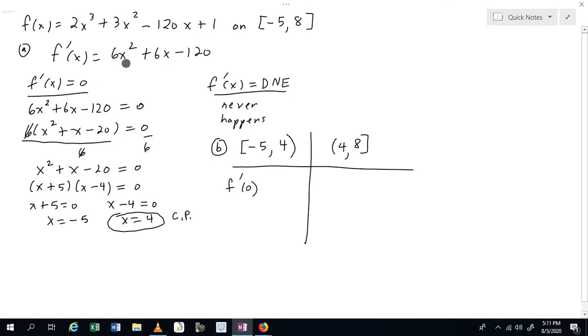And when you plug it in, you get negative 120. That indicates that the function is decreasing. Remember, the derivative gives you the slope of the tangent line at this point, and the slope of this tangent line is negative, which indicates that the function is decreasing at 0. Again, it doesn't matter what test point you pick in here, you're going to get the first derivative to be negative.